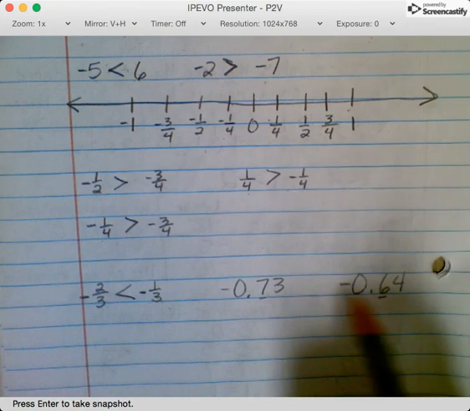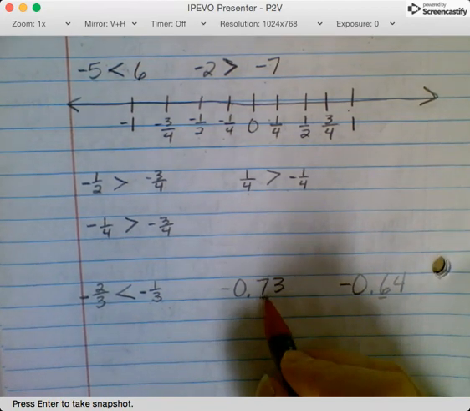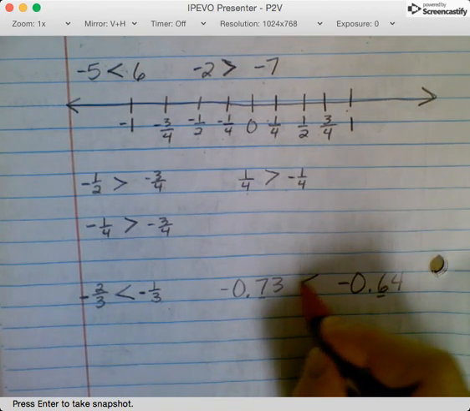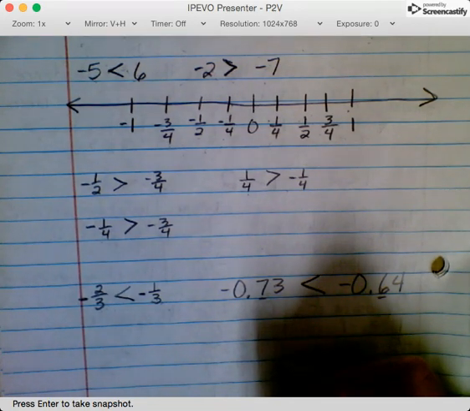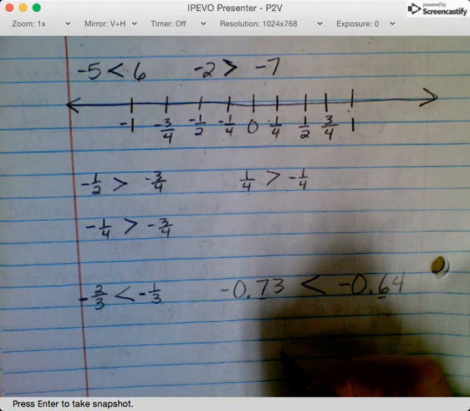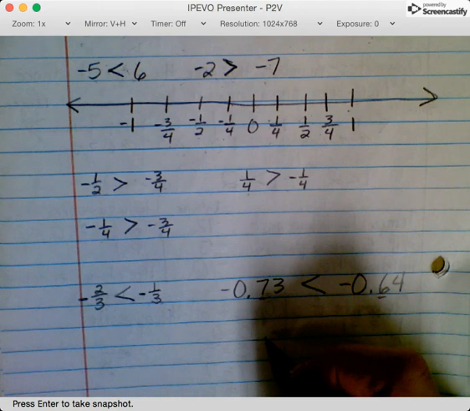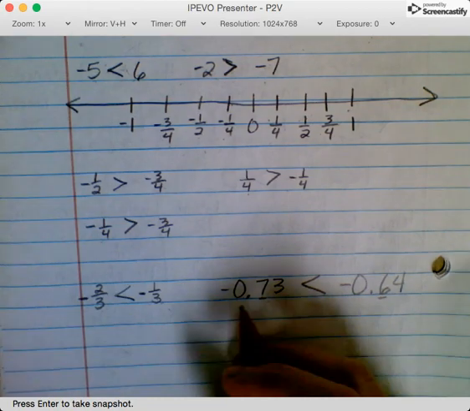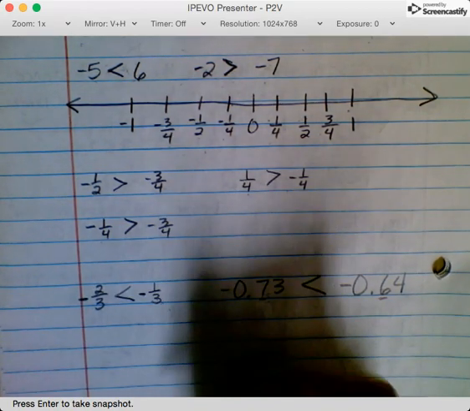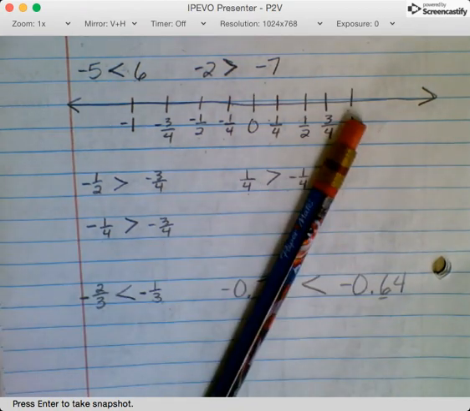But since they are negative, it's going to be the opposite. So instead of this one being biggest, -0.64 is bigger. Okay, so just think of it in terms of what it would normally be. When it's negative, it's backwards. Positive is going to stay the same, or it's going to be bigger if it's bigger. Negative is going to be opposite of what it would be if it were positive. I hope that makes sense to you. I'm going to leave it at that.